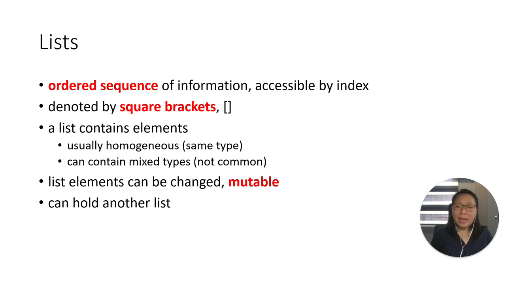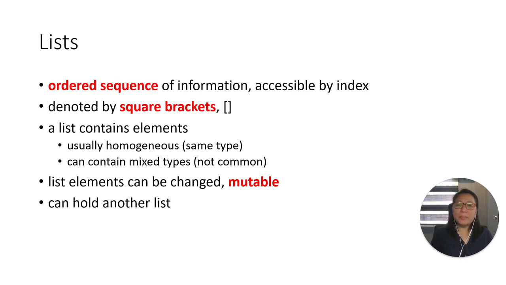However, it can also contain mixed types. But it's not common to store mixed types in a list. So we usually use lists to store homogeneous elements, or elements of the same type.